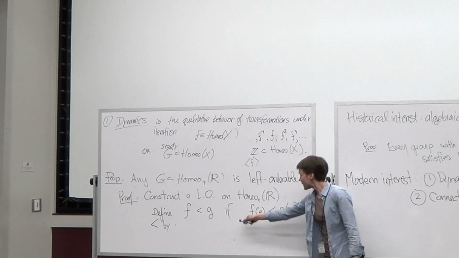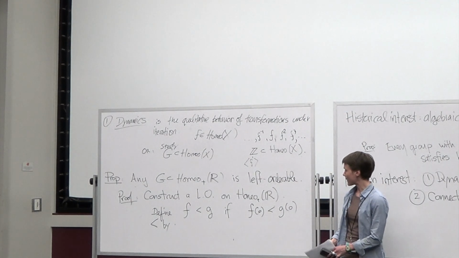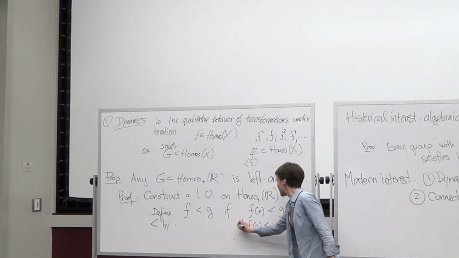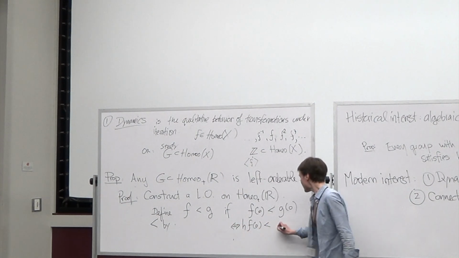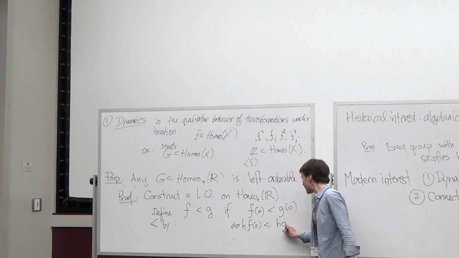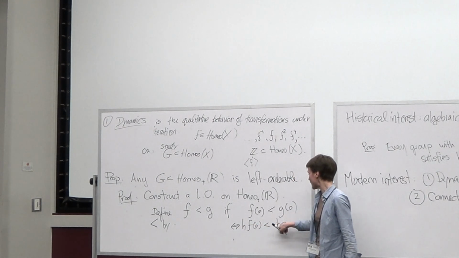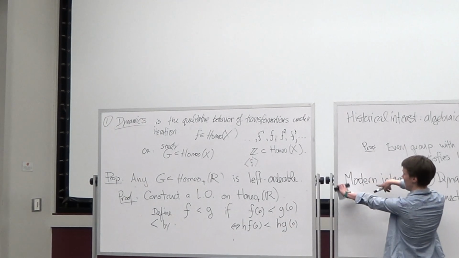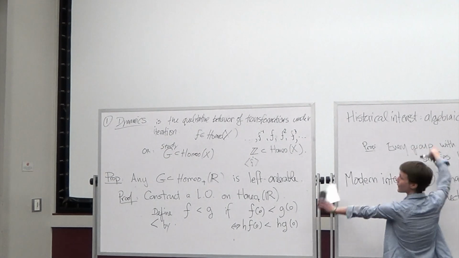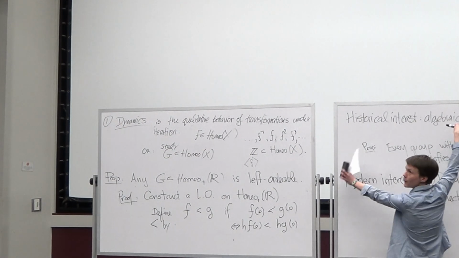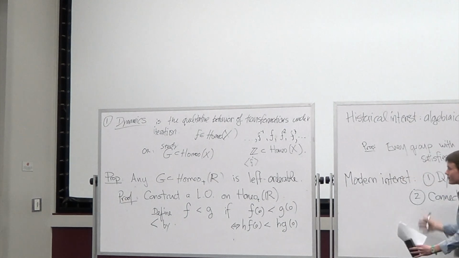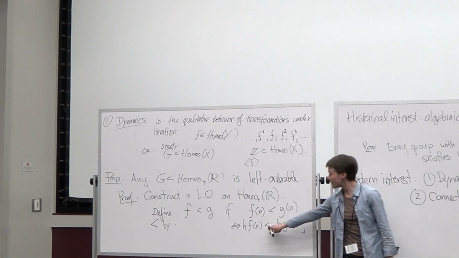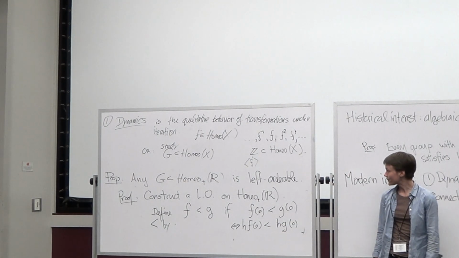And if I left compose with something else, because everything preserves the orientation of the line, this implies that h composed with f of 0 will be less than h composed with g of 0. If one point is to the left of another on the line and I change coordinates on the line without flipping anything, their images will still be one to the left of the other in the same order. So this is great. I satisfied my condition of being left multiplication invariant.